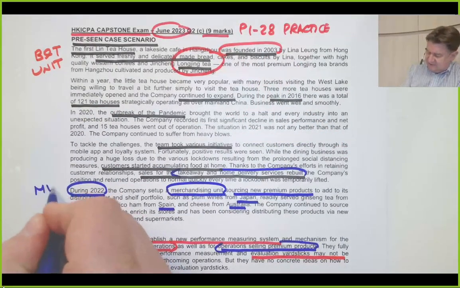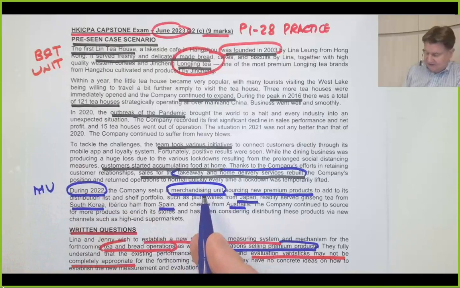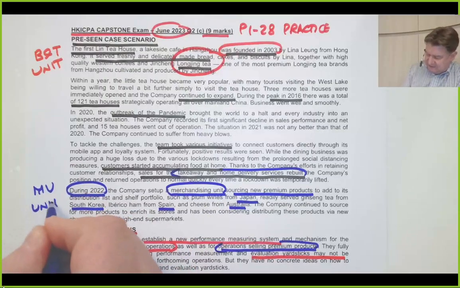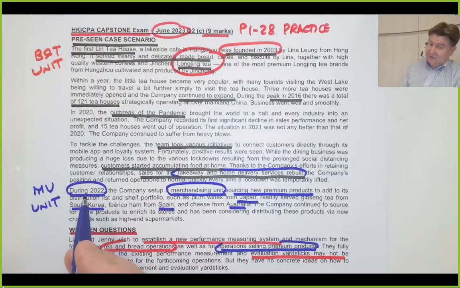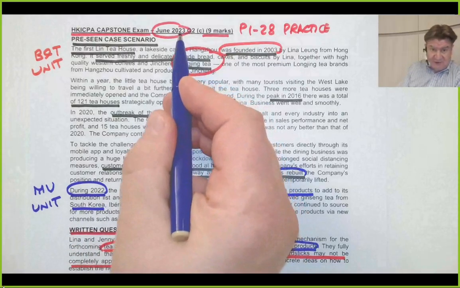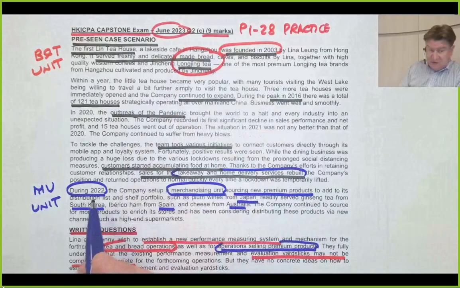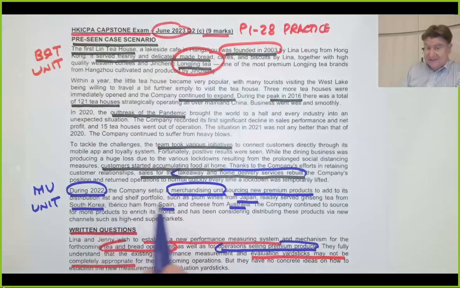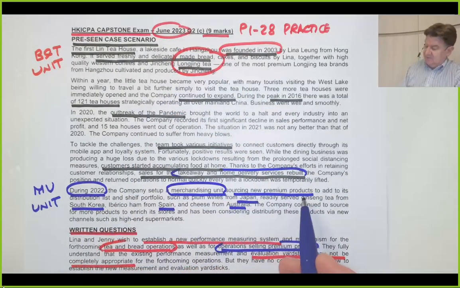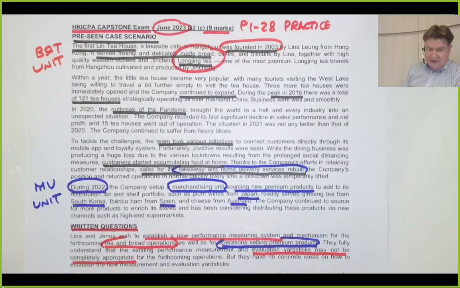Whereas, let's call this one something like a merchandising unit, an MU unit. This is relatively new. This is emerging. When was this question set? June 2023. So this was during just the year before. So this is very, very new, sourcing premium products from Japan, Spain, and Australia.